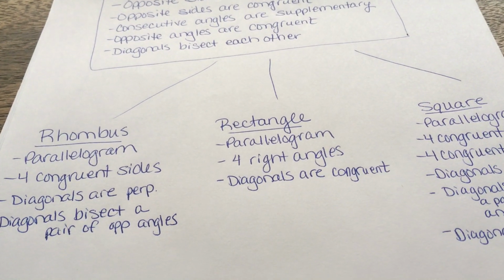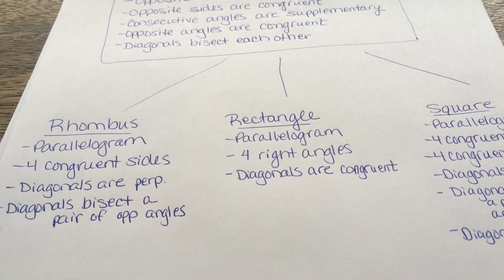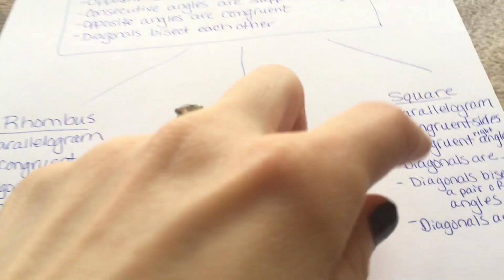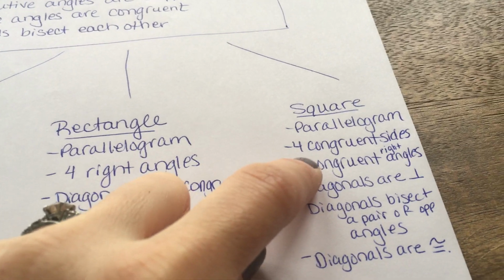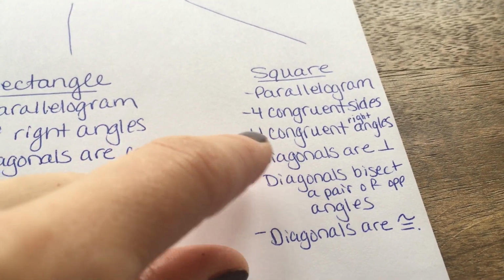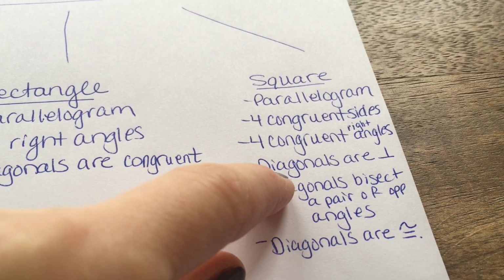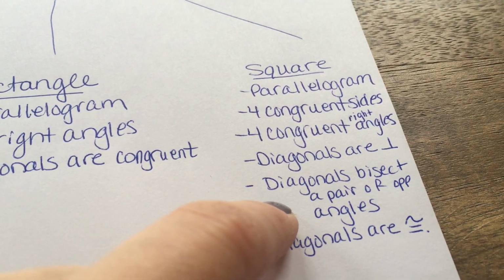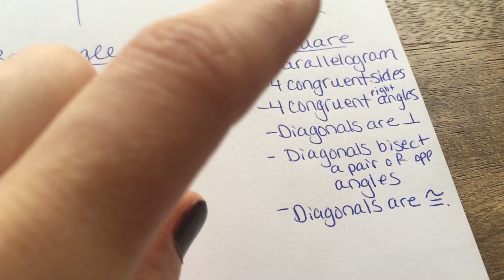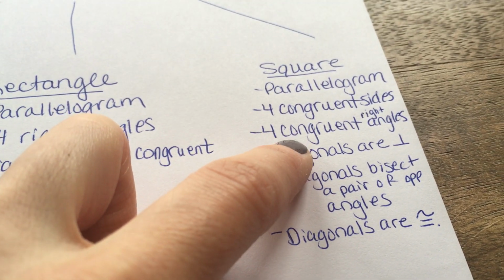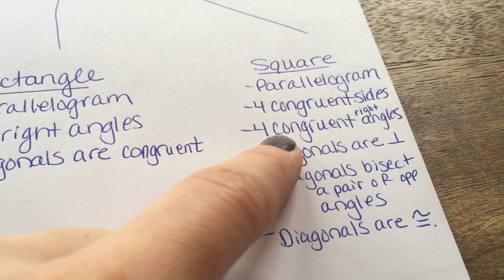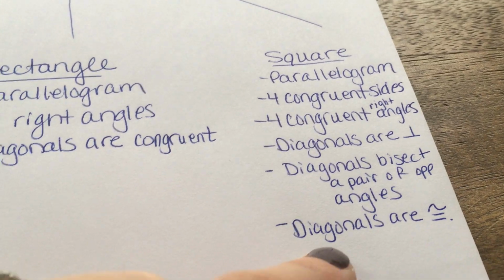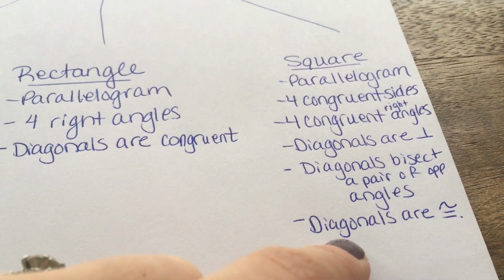It is also a rhombus and a rectangle. So because it's a rhombus, it's going to have 4 congruent sides. Its diagonals will be perpendicular, and its diagonals will bisect a pair of opposite angles. It also has 4 congruent right angles, which make it a square, so its diagonals will always be congruent.